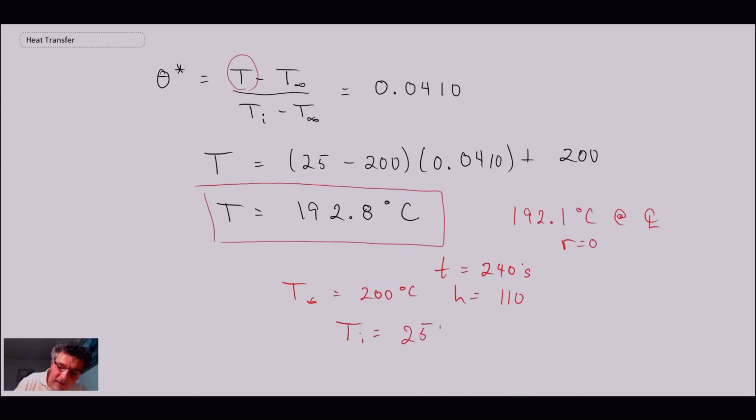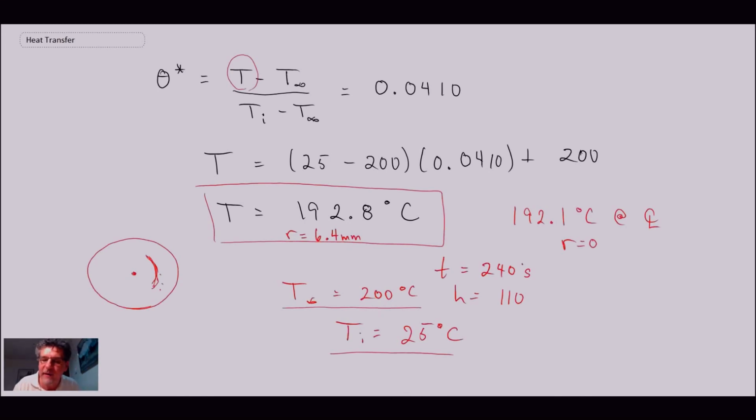So what's happening here is our sphere begins at a low temperature and is exposed to a very hot convective environment, so the temperature is going to go up. Consequently, at the radial location of 6.4 millimeters, further out, we should expect a higher temperature than at the center line.